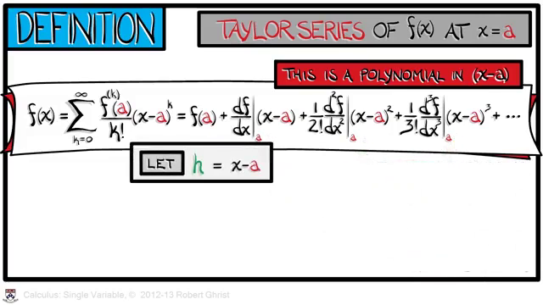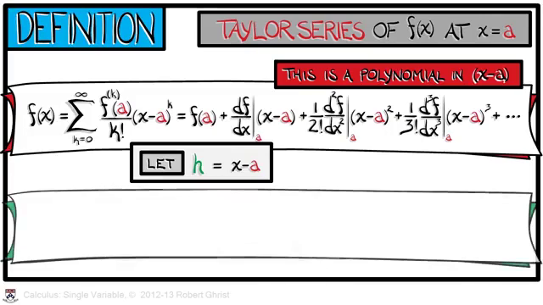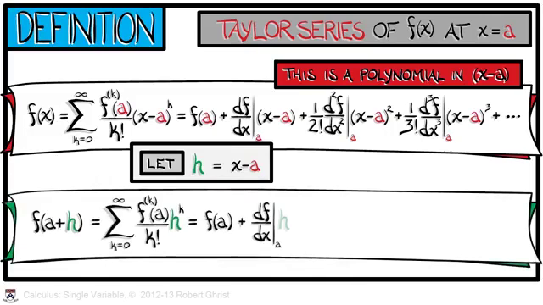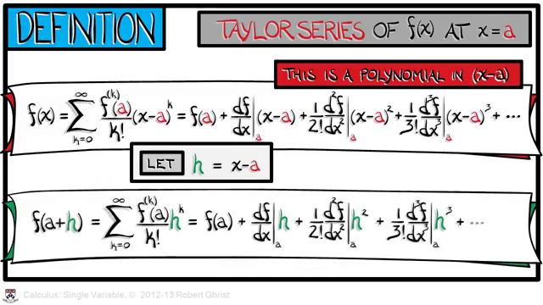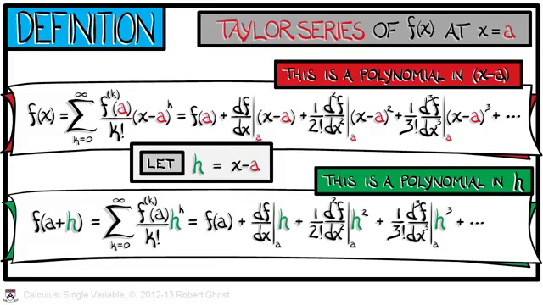If we were to perform the change of variables, defining h to be the quantity x minus a, then the above series would become a polynomial series in h. However, it would not be giving you f of h, but rather f of x, which is a plus h.